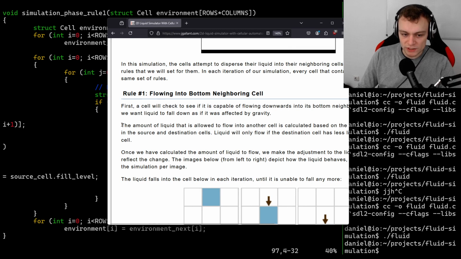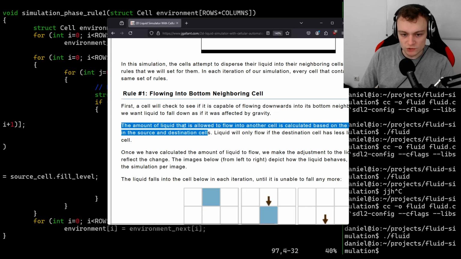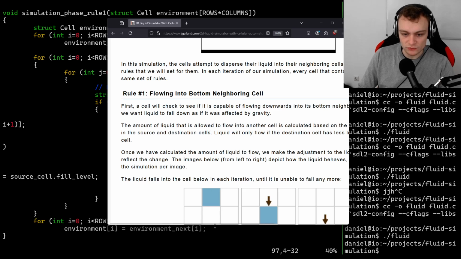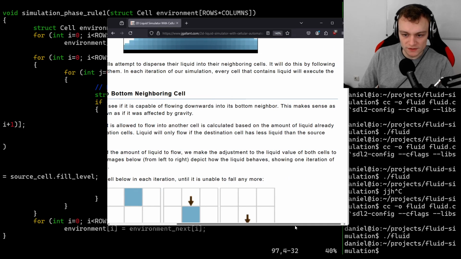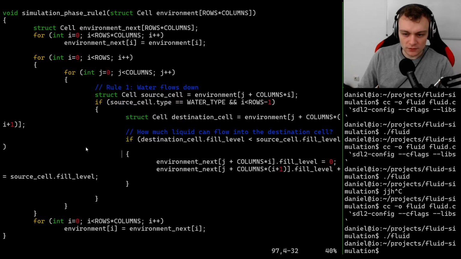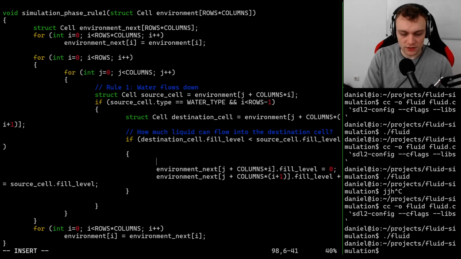But one thing that we definitely have to improve on is that we have to calculate the amount of liquid that is allowed to flow into the destination cell. So destination cell is this one. We check the fill level. It's smaller than the source fill level, so we can fill it, but how much liquid is allowed to flow down?